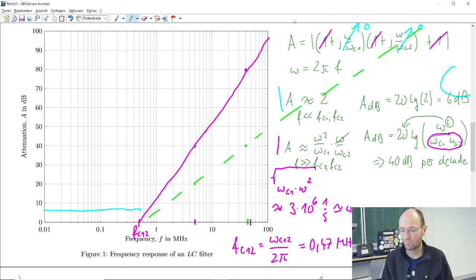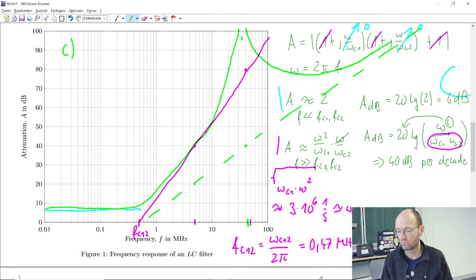And at this particular frequency here, we get something very high. So our new attenuation curve for the C case would look like this: it's staying constant, then it's increasing like before, then it's really increasing a lot, and then it would go down again and would somehow approximate this curve. This is what we would get in task C.